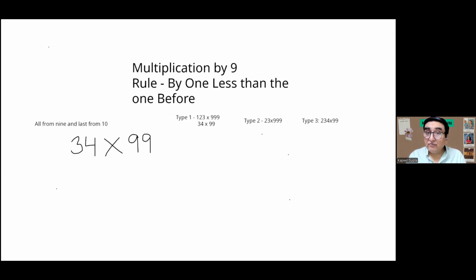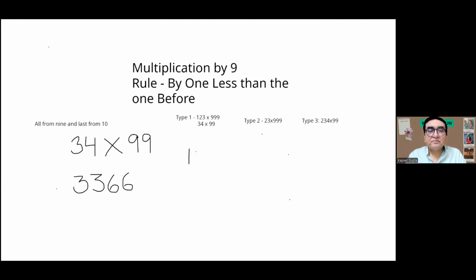So 34 minus 1 becomes 33. And now I'll find the complement of 34. So 9 minus 3, I get 6. And 10 minus 4, because the last one has to be done from 10, 10 minus 4 is 6. Wow, I got the answer. See how simple? Let's do another one.